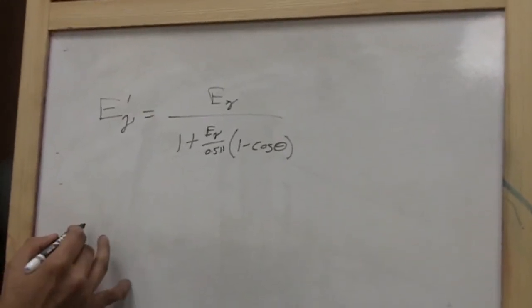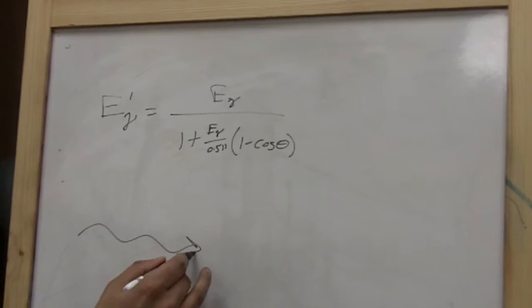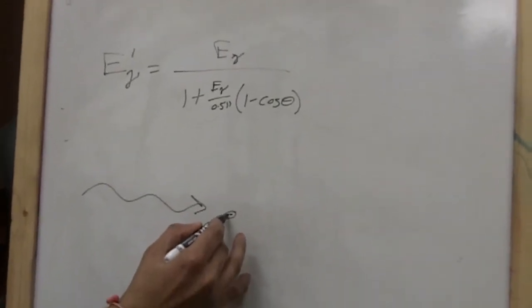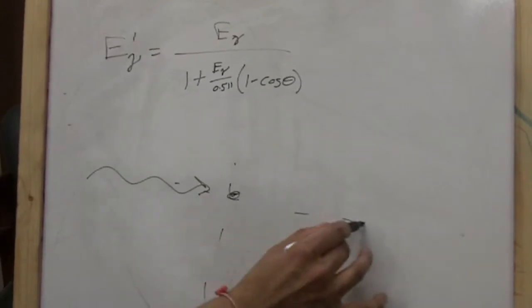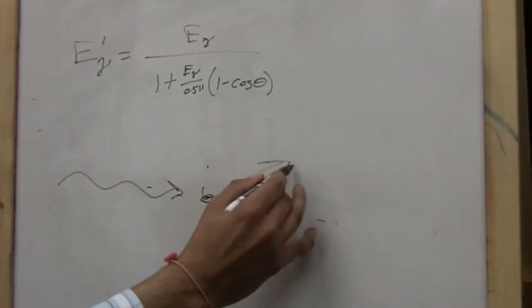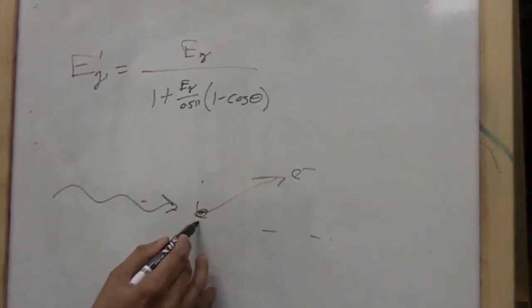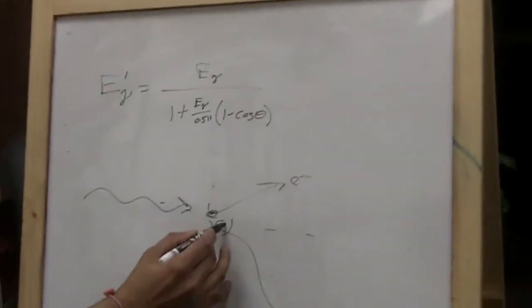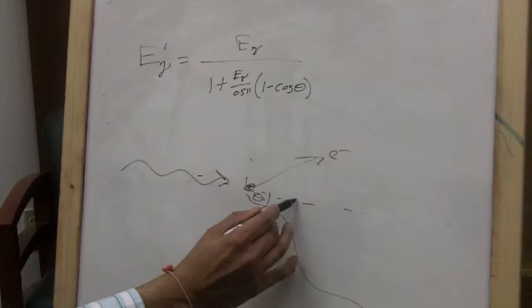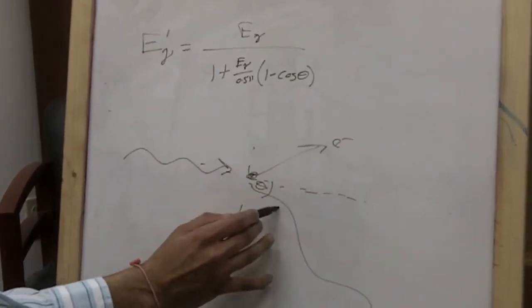If we have a photon coming in, and it hits a little electron just sitting here hanging out, the electron goes off in this direction, and the photon comes off in this direction with less energy. That's theta right there, the angle between here and here.